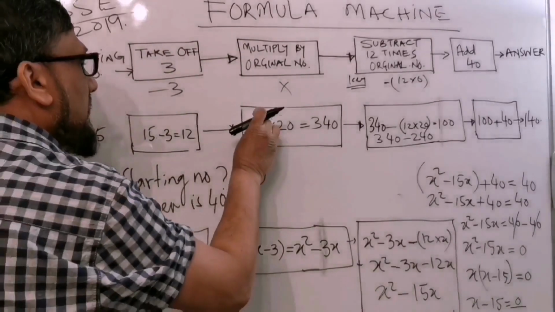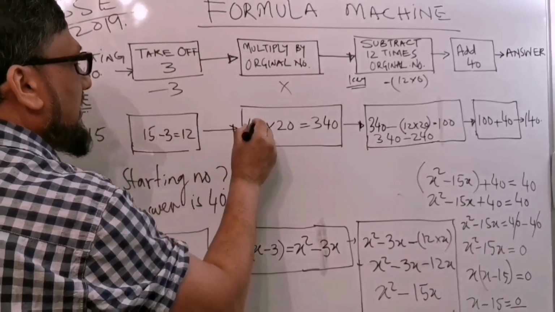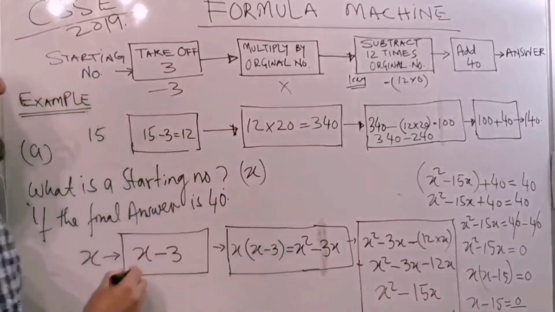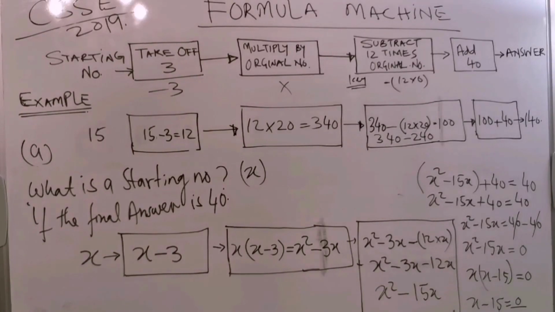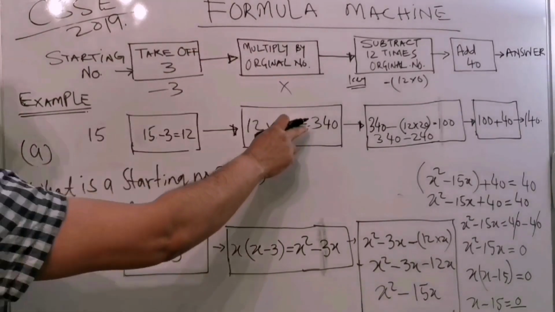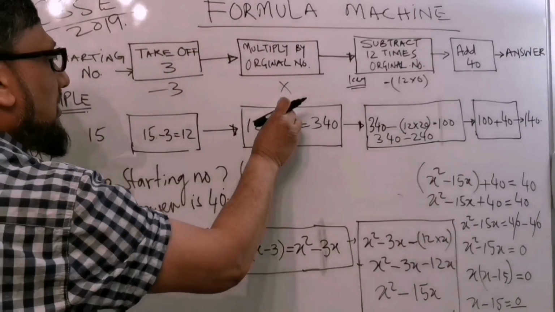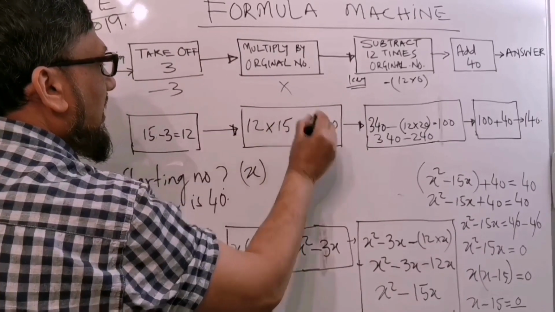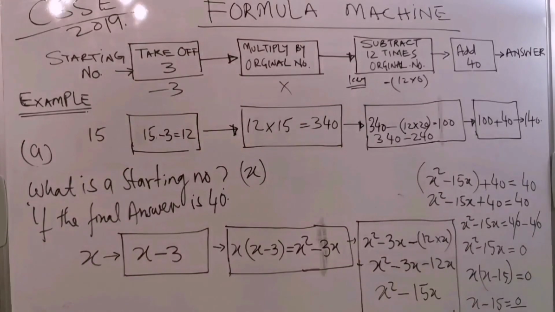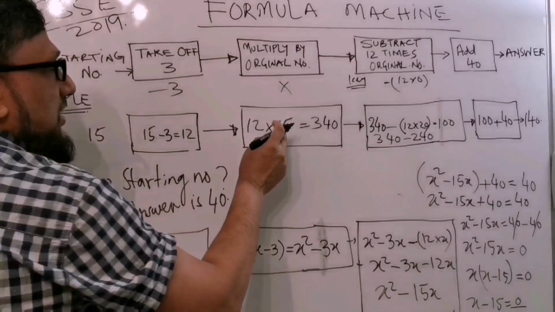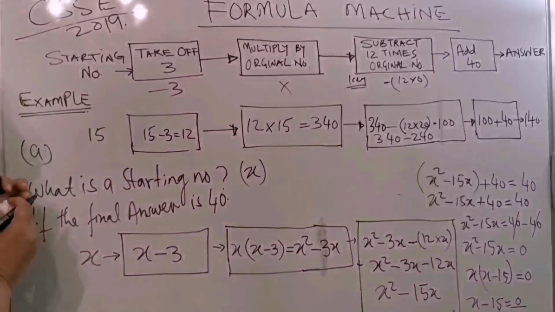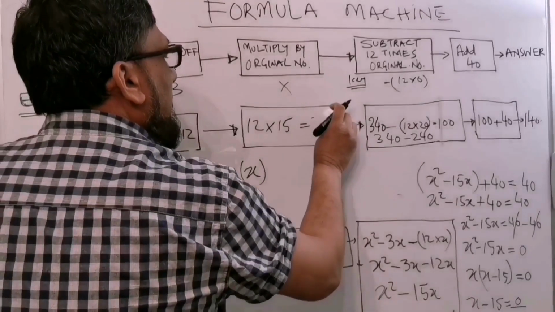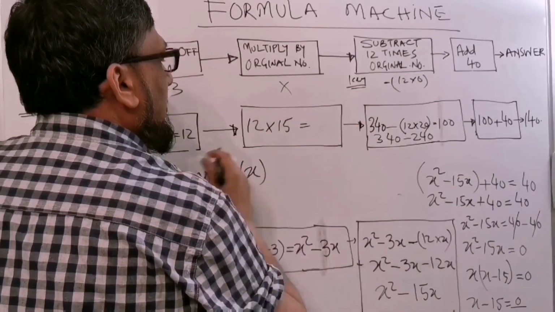The answer 12, it says multiply by the original number, which is 15, and 15 times 12 is 180.